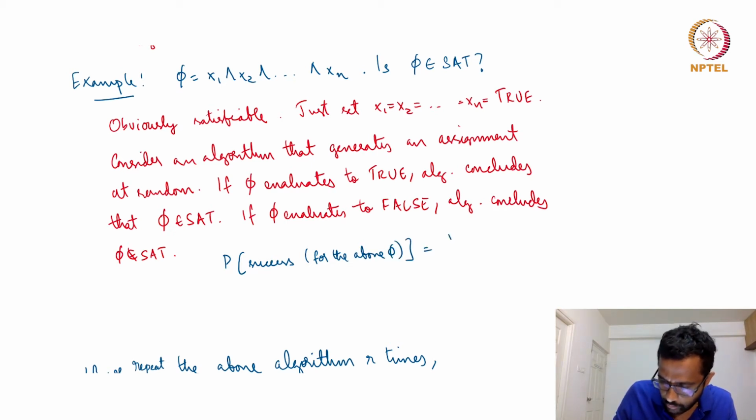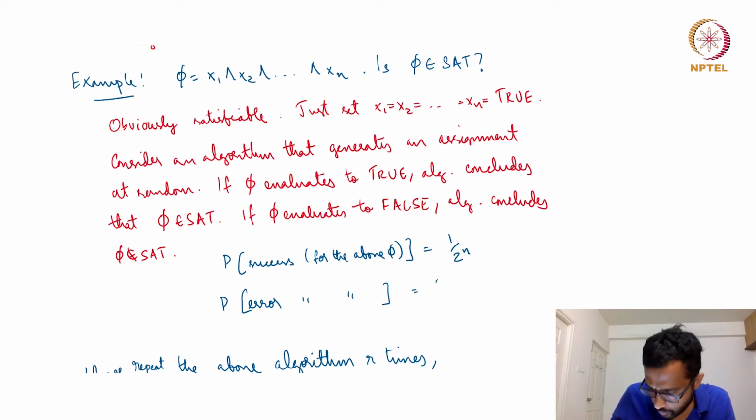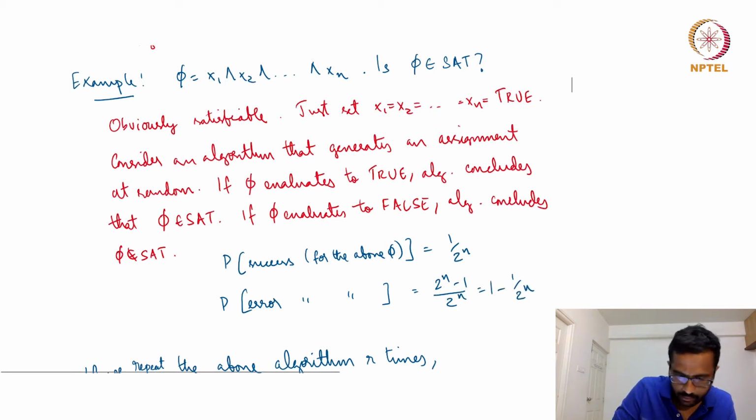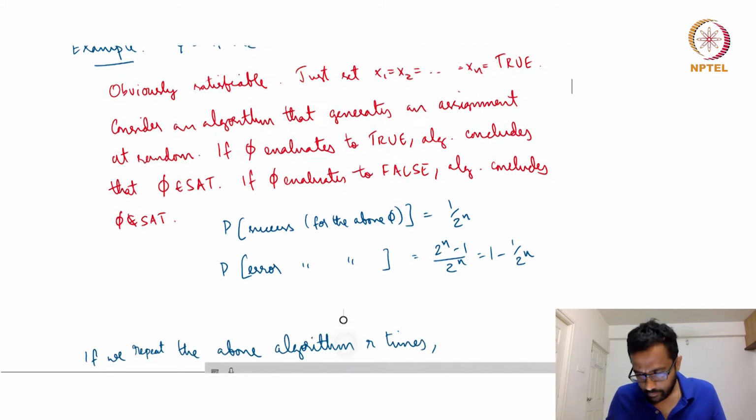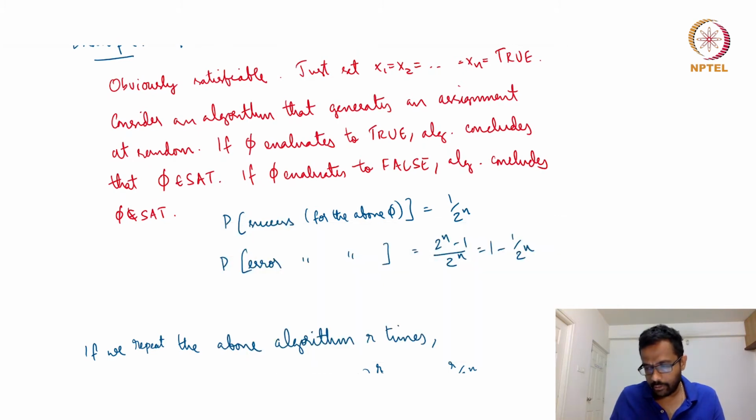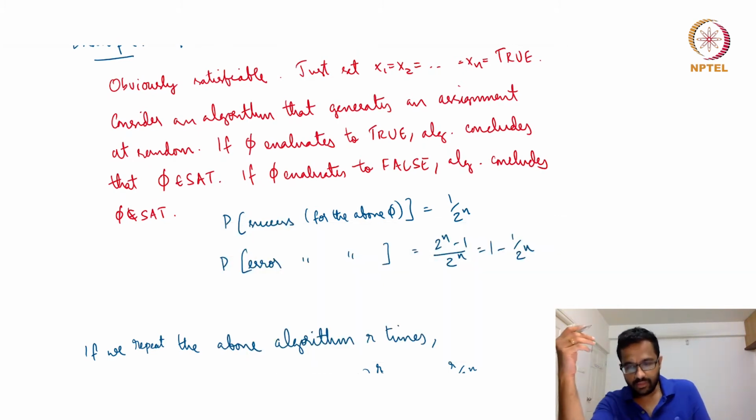is equal to 1 by 2 power n, and probability of error, again for the above phi, maybe I'll just write that down, is equal to 2 power n minus 1 divided by 2 power n, or 1 minus 1 by 2 power n. So you see how bad this particular algorithm is, right?